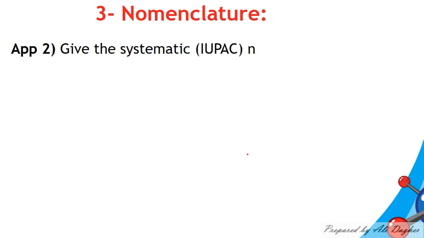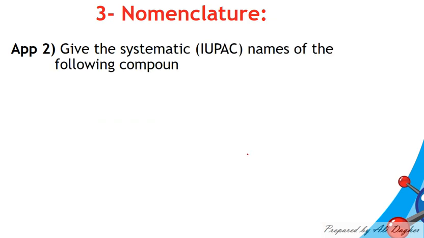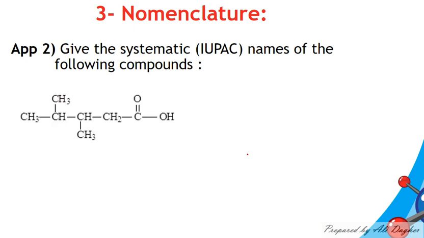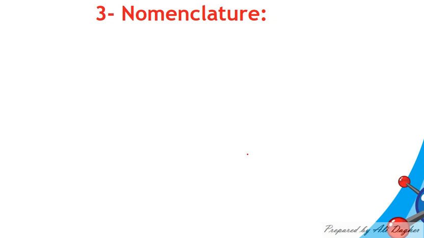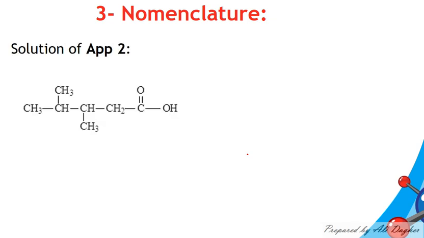Application 2. Give the systematic or IUPAC name of the following compounds. Take your time to solve this application. The solution. First, we determine the main chain, the longest carbon chain, formed of 1, 2, 3, 4, 5. 5 means pentanoic acid.